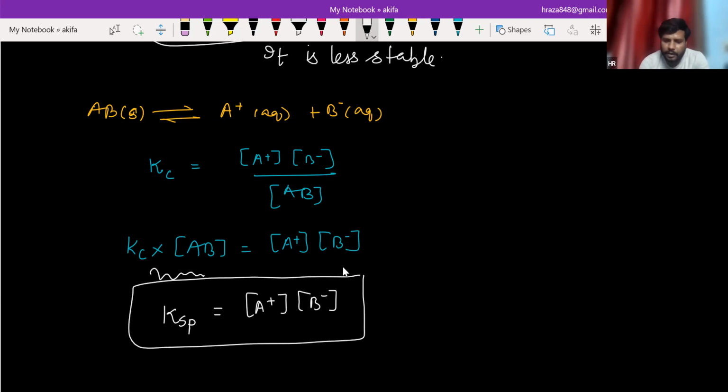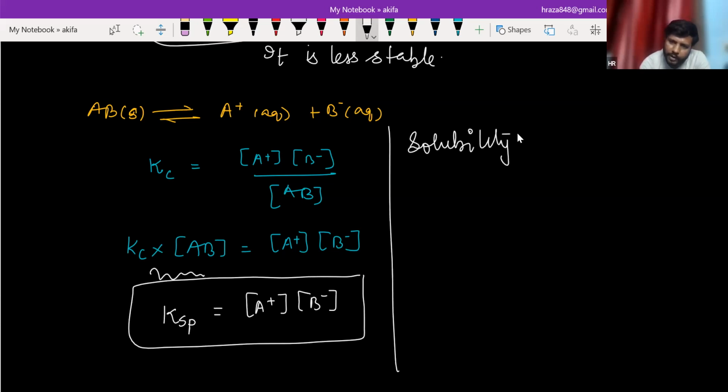We define KSP as solubility product, or solubility product constant.